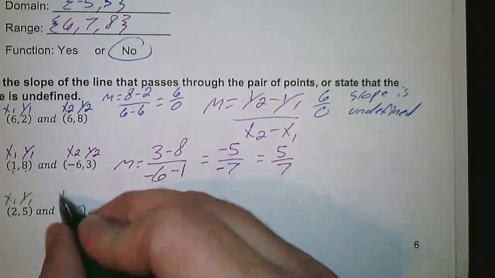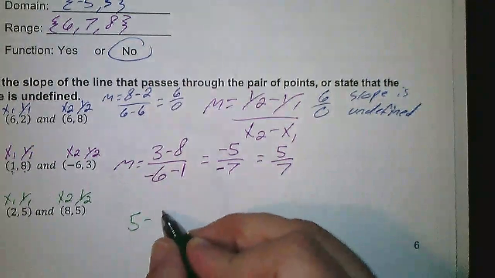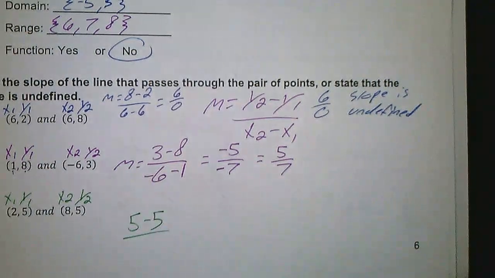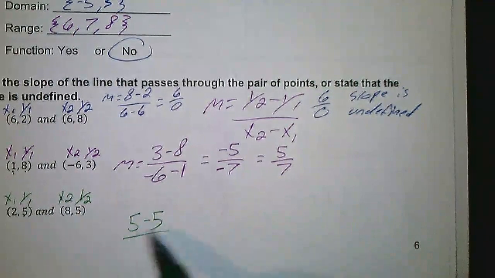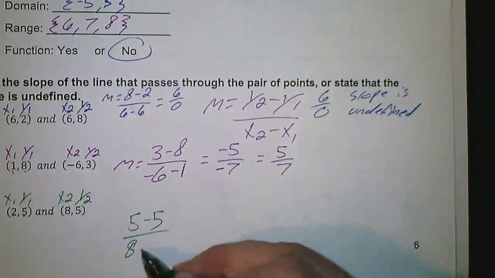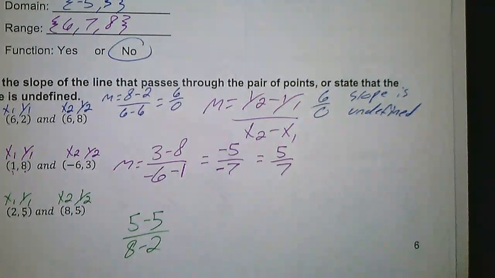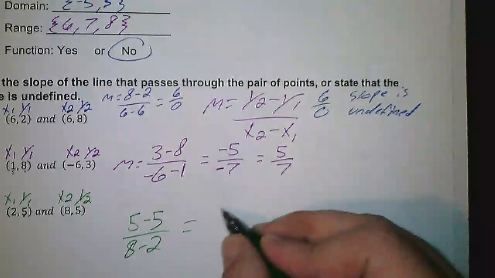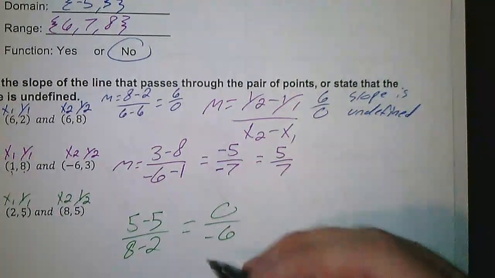For number 18, we'll end up with 5 minus 5, so we'll get 0 in the numerator. So y2 minus y1 is 5 minus 5 over x2 minus x1, 8 minus 2. Gives us 0 over positive 6.